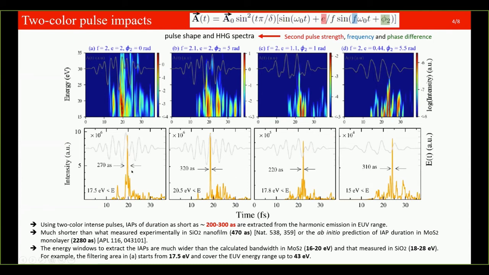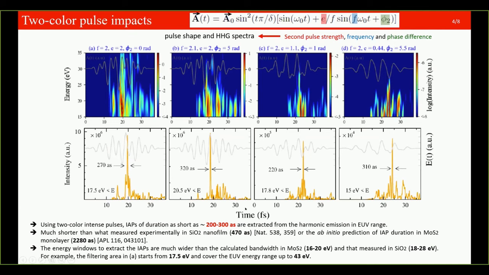The isolated attosecond pulses, which have a duration of about 200 to 300 attosecond, have a much shorter duration than what was reported in MoS2, which is about 2000 attosecond, or what was measured experimentally in silicon oxide, which is about 500 attosecond.